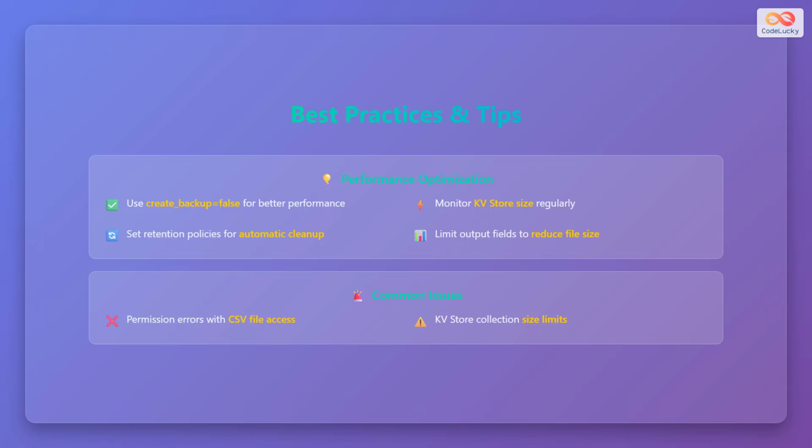Implementing retention policies ensures automatic cleanup of outdated records, maintaining optimal system performance. Additionally, limiting output fields to only necessary data reduces file sizes and improves both write and read performance. Being aware of common issues like permission errors with CSV file access and KV store size limits helps you proactively address potential problems.